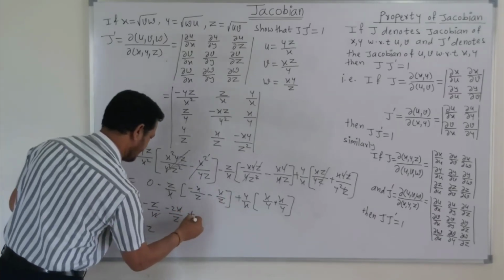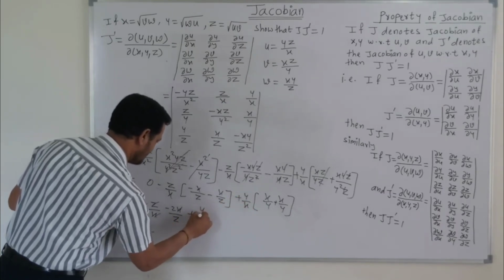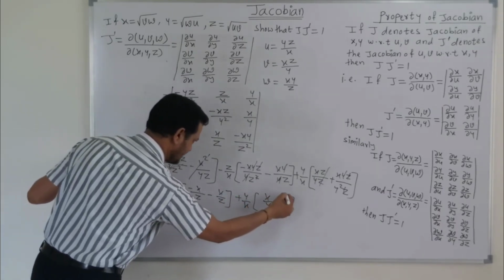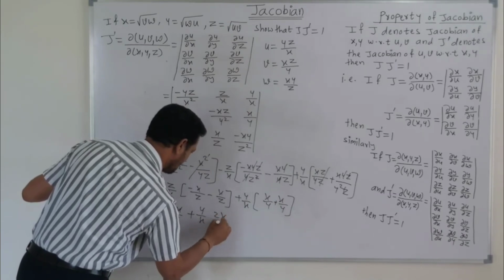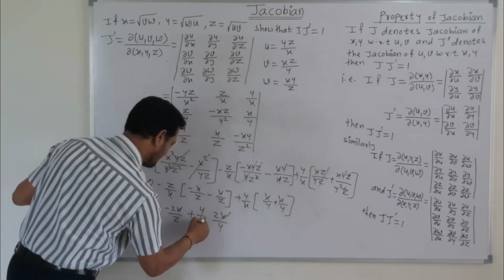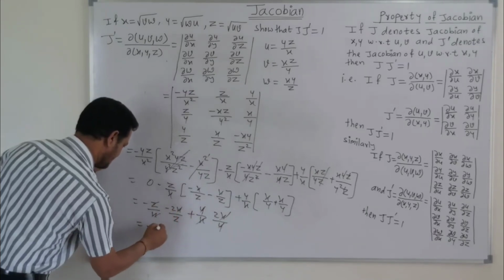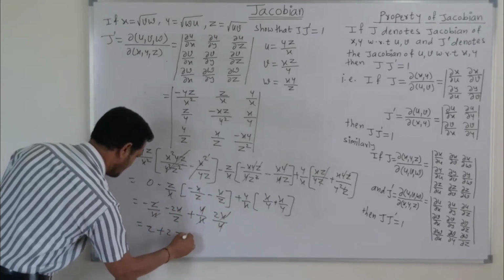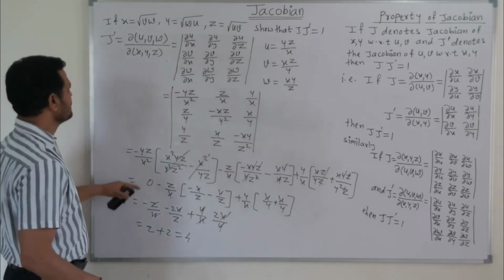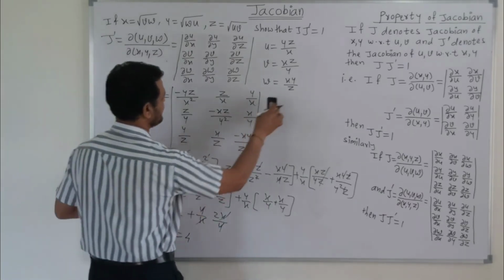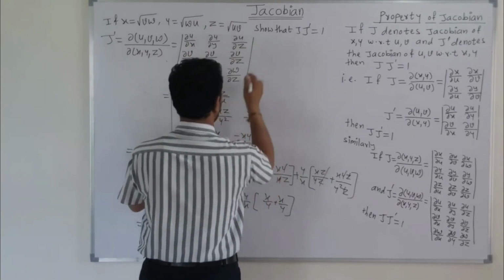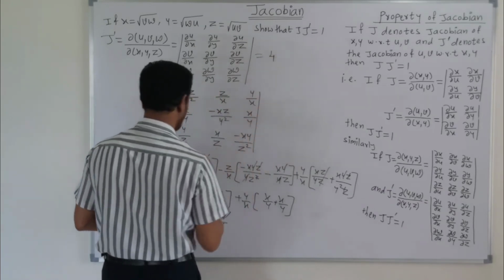Then again plus y by z, y by x, then 2x upon y. This x and this y get cancelled. Minus minus is plus, and this is plus 2. So this answer is 4. Here we get the value of z dash as 4.